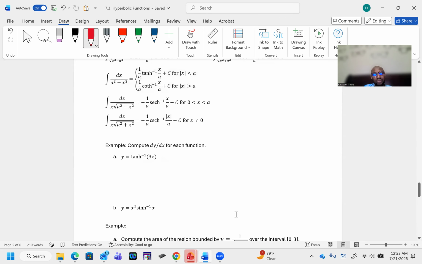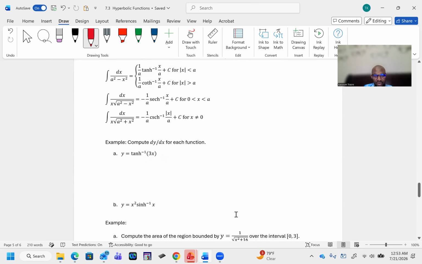So let's do these two examples. For part a, we are asked to compute dy over dx for each function. We have y equal to inverse hyperbolic tangent of 3x. So dy over dx is the derivative of inverse hyperbolic tangent of 3x with respect to x.